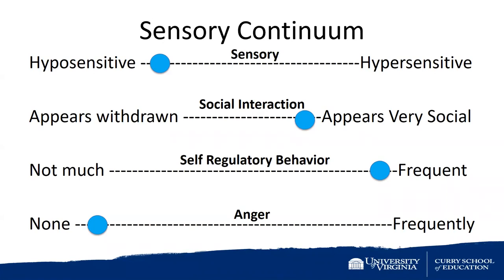I may be really good in those scenarios at regulating my behavior, and I may overall be relaxed, in a happy mood, and experience pretty low levels of anger. So it's really important to bear in mind that the sensory continuum changes from one situation to another within the same individual, and that can affect people's behaviors and responses to their environment.